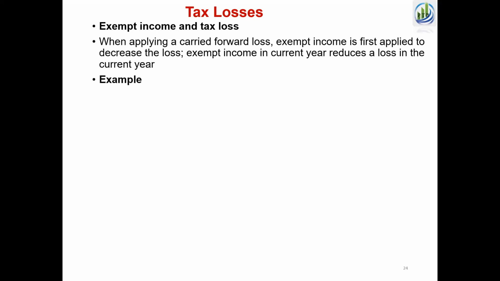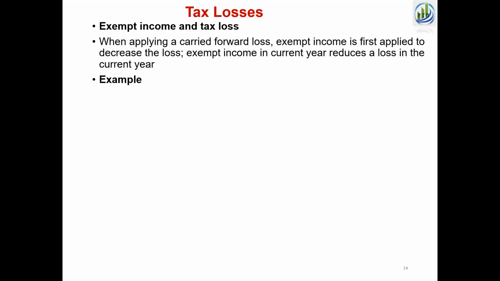That's the easy way. So can you write down in your textbook: tax loss, $15,000 this year. Assume that you have exempt income this year of $10,000. Exempt income means, for example, you got a disability support pension, which is not taxable.